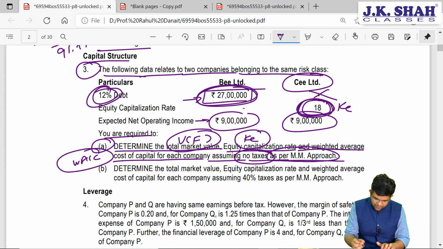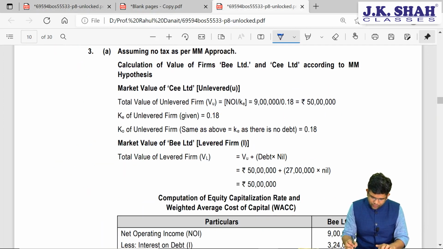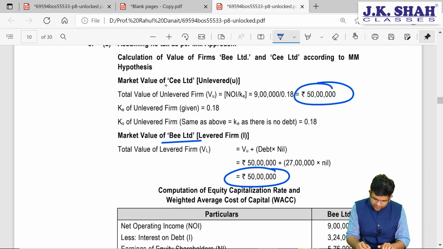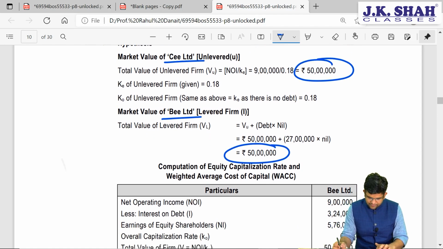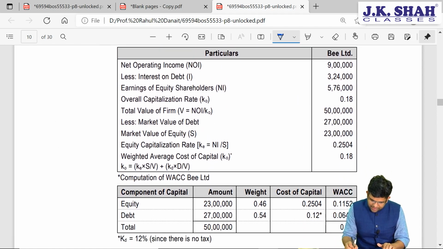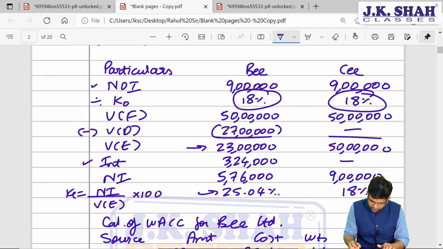So with that, children, we complete the discussion of point number A, where we calculated all these things for both companies. I'll show you the institute solution also. Here you can see the total value of the firm for both the firms is coming to 50 lakhs. For B Limited they have got the KE as 25.04, and we had also got KE as 25.04.